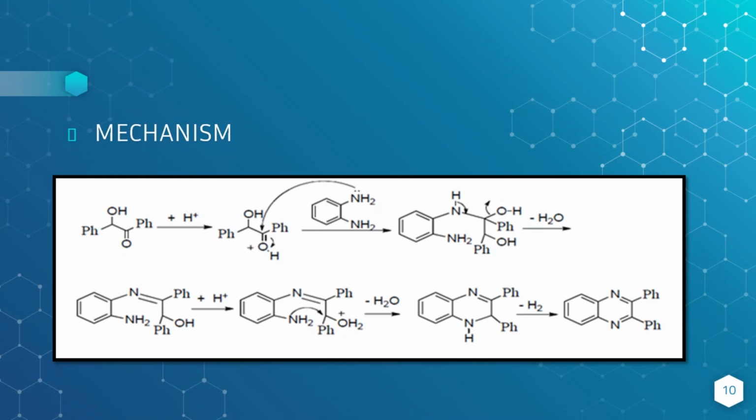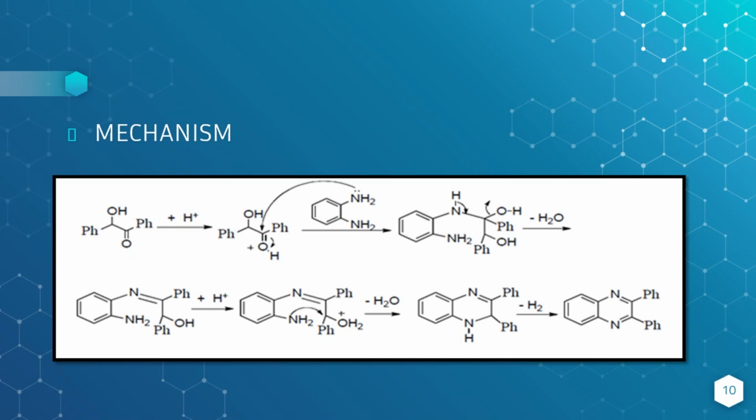So here condensation takes place between orthophenylene diamine and benzil. As you can see, the nitrogen of orthophenylene diamine contains a lone pair of electrons. This lone pair is going to attack the carbocation of the benzil.